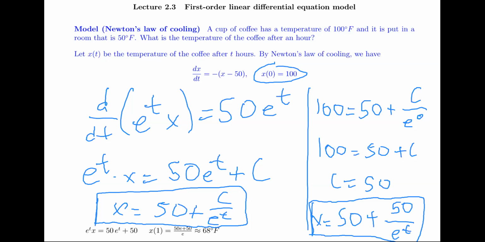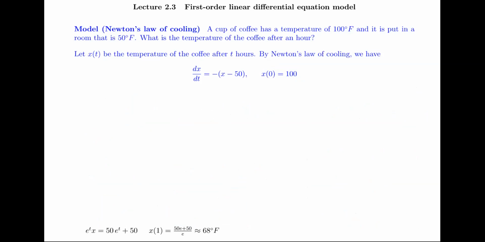All right. Well, we're not quite done, because really we wanted to know what is the temperature of the coffee after 1 hour. Well, again, we had x is equal to 50 plus 50 over e to the t. We want to know what the temperature is after 1 hour. That means find x of 1.